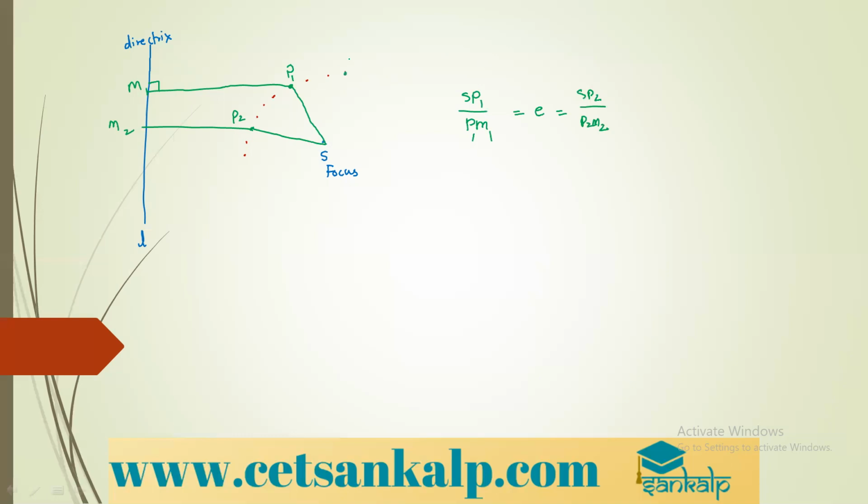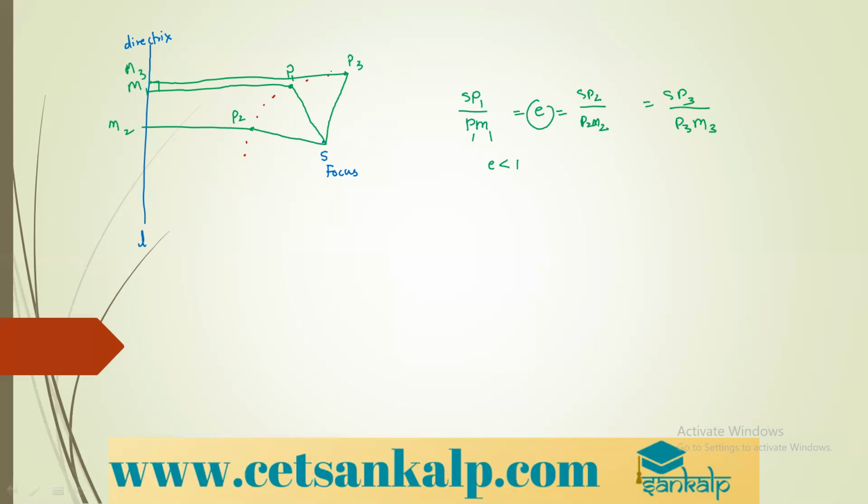Similarly, I can take one more point P3. I can take the ratio of SP3 by P3M3. Then also I will get E. And here E will be less than 1. The E which I am getting will be less than 1.